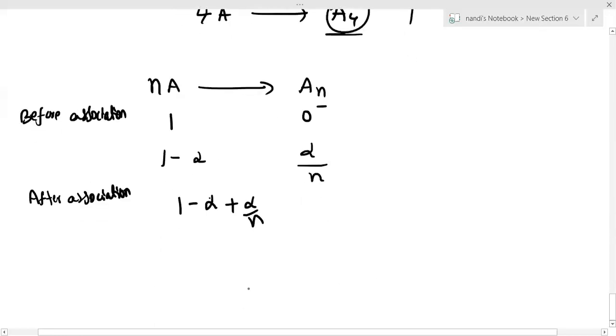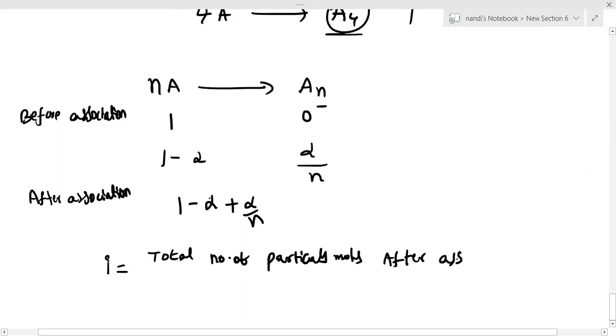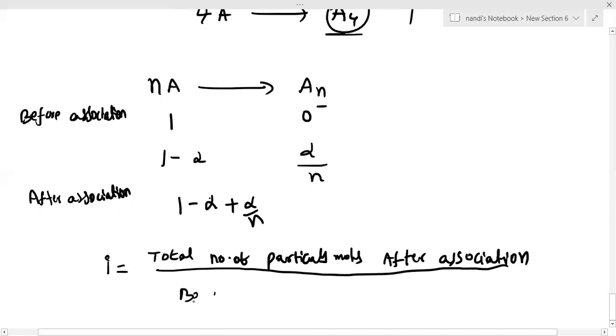According to the Van't Hoff factor definition, i equals the total number of particle moles after association or dissociation, divided by the initial number of particle moles before association.